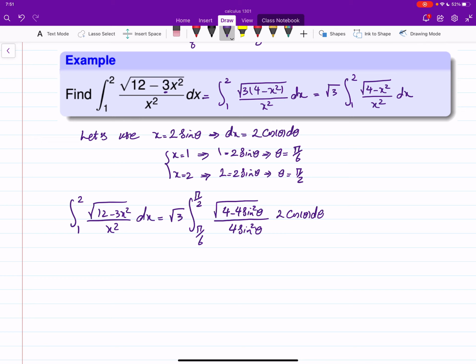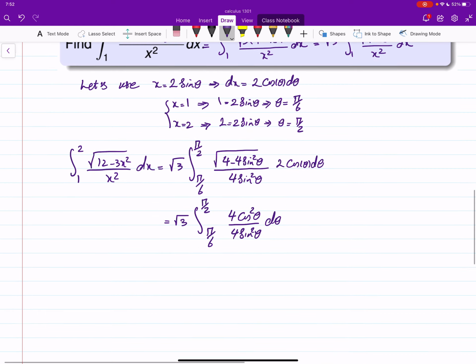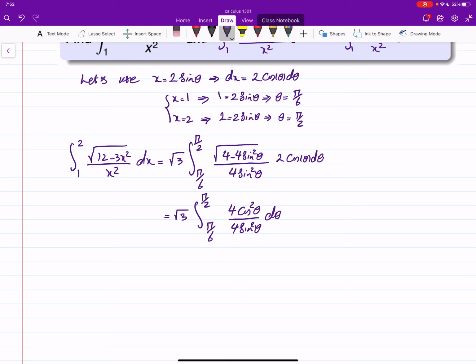Okay, now do the substitution here and simplify. The numerator will give us another 2 cosine theta. So this will be 4 cosine squared theta over 4 sine squared theta d theta, which is okay. So we are now in good shape, because this is a simple integral.